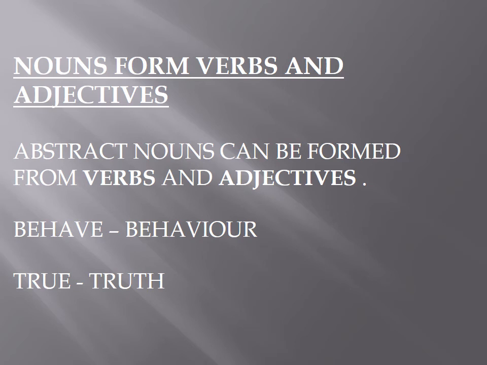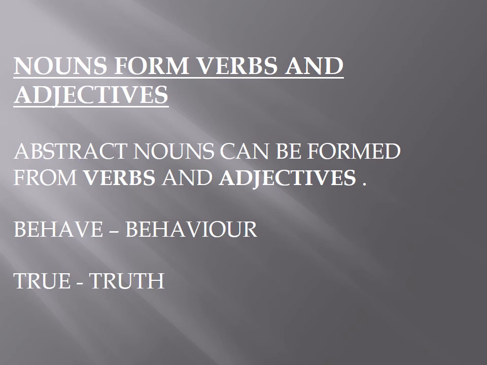Nouns can be easily changed into verbs and adjectives. How? Let us see. I'm taking an example. Abstract nouns can be formed from verbs and adjectives. Behavior. It is an abstract noun and it has the root word behave, which is actually a verb.